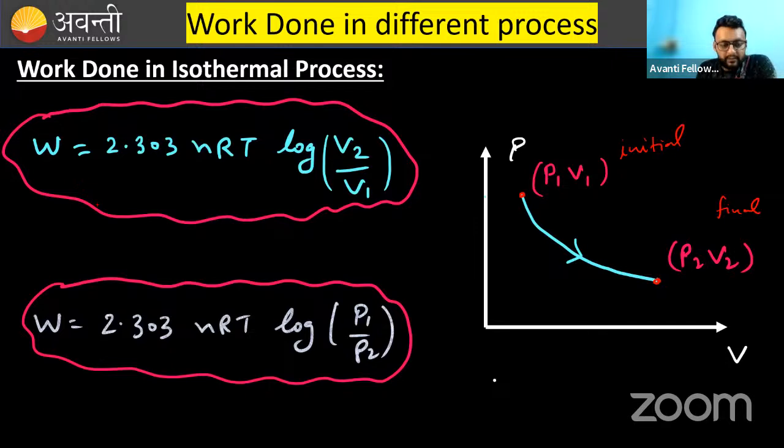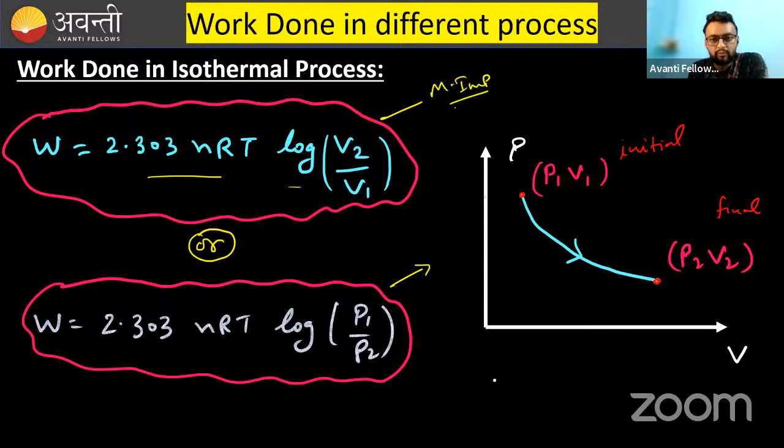So work done is nothing but 2.303 nRT log V2 by V1, where V2 is the final volume and V1 is the initial volume. If you change this relation, you can get another form. This is in terms of volume, and this is in terms of pressure. I think till now everything is clear. This formula you should remember. This is the most important formula, because most of the questions generally come from this isothermal process. Clear? Should I move ahead?